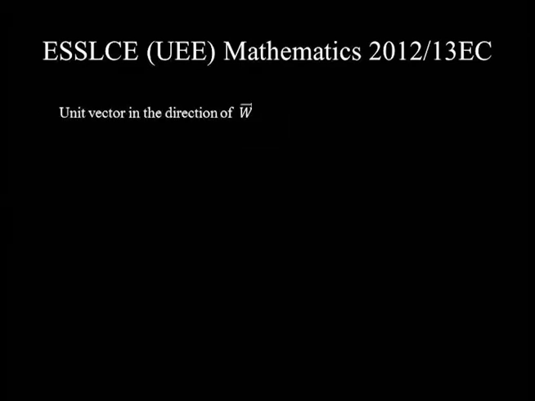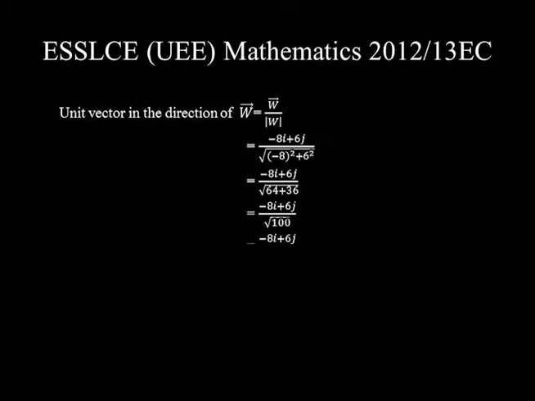Thus, unit vector in the direction of w is given by the formula the vector w divided by the magnitude of w, which is equal to w is negative 8i plus 6j divided by magnitude of w is square root of negative 8 square plus 6 square, which is equal to negative 8i plus 6j divided by square root of negative 8 square is 64 plus 6 square is 36, which is equal to negative 8i plus 6j divided by square root of 64 plus 36 is 100, which is equal to negative 8i plus 6j divided by square root of 100 is 10.